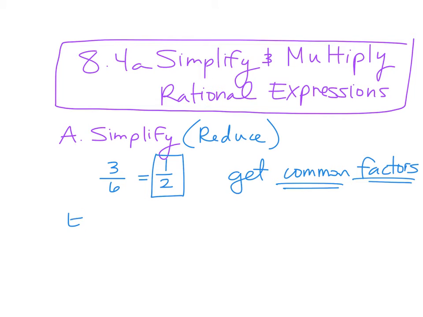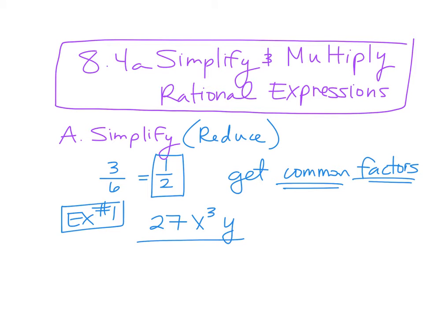So for this first one, this is just a little bit of review, just to get your brain back in this mode. If I gave you this, negative 27x to the third y divided by 9x to the fourth y.